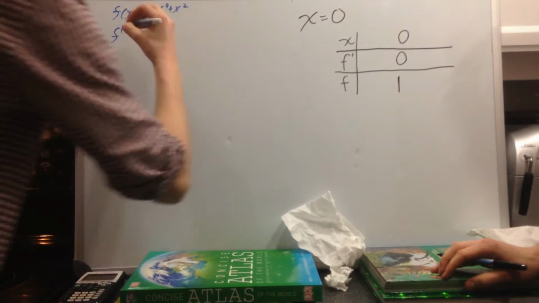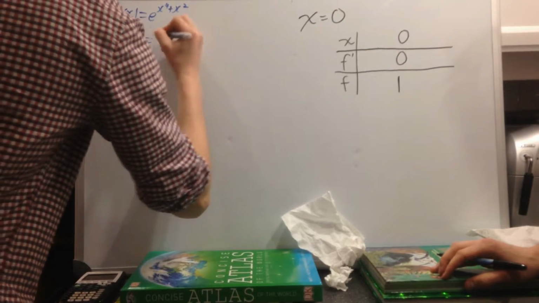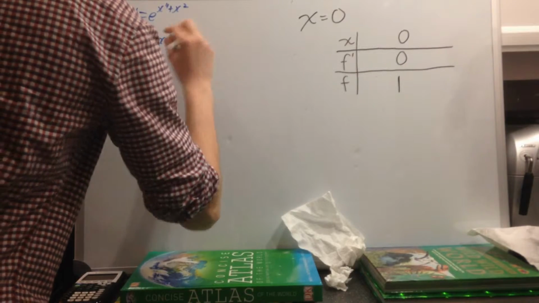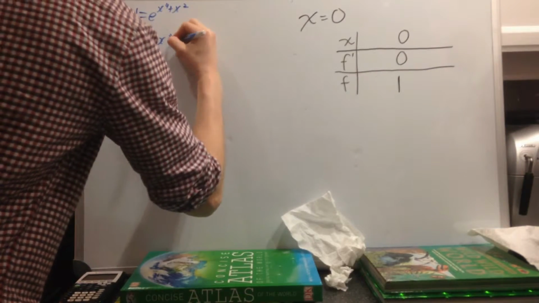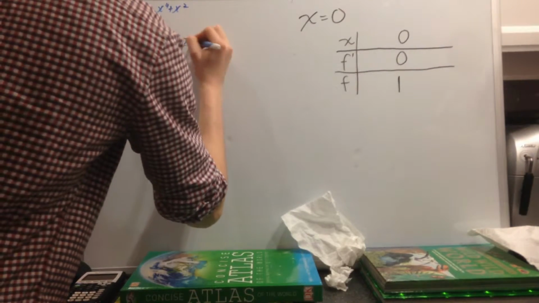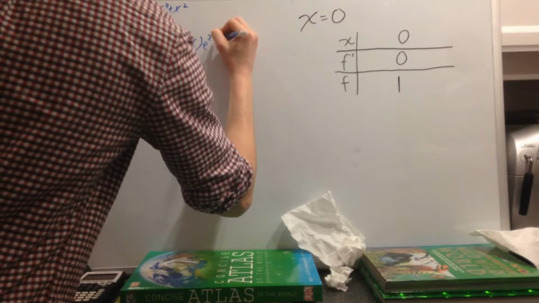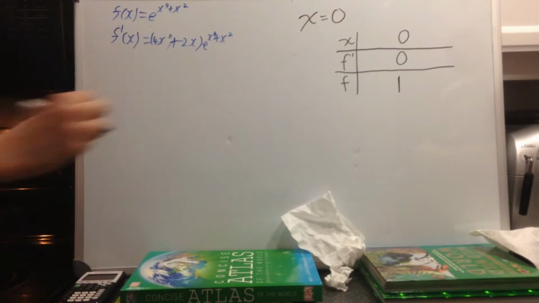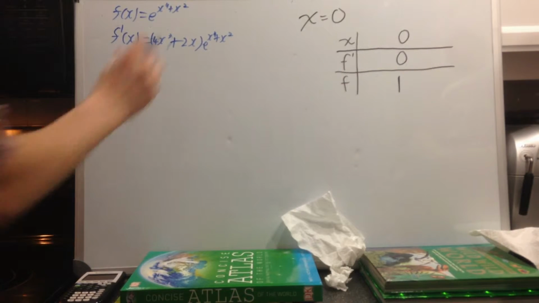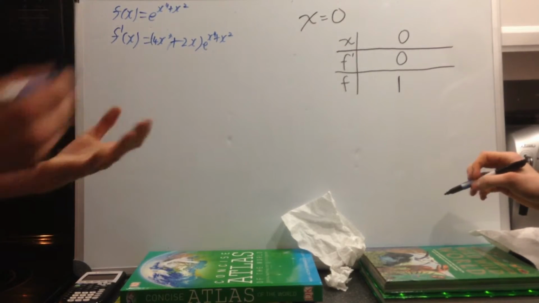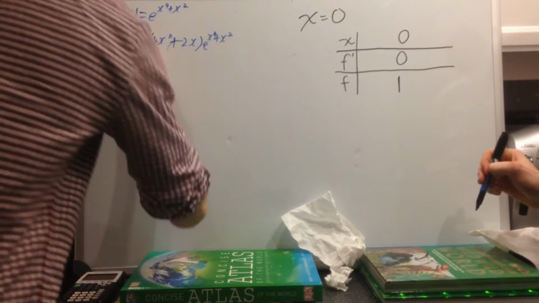So I have my f prime of x equals 4x cubed plus 2x times e to the x to the 4 plus x squared. Now I'm going to sub a value that is to the left of x equals 0. So I'm going to use negative 1.